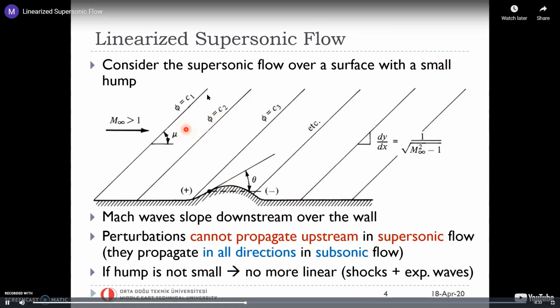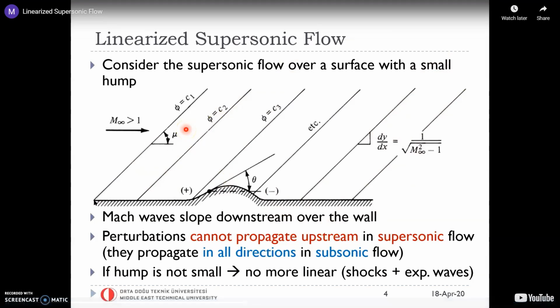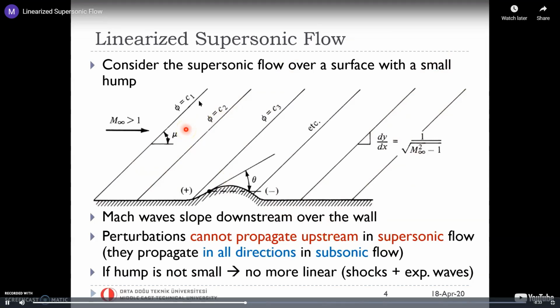That little disturbance will follow the Mach line wherever it is generated first and propagate along it. It will not, for example, propagate upstream because the Mach line is tilted backwards, not forwards. So that information will never reach upstream. That is the main characteristic of supersonic flow.